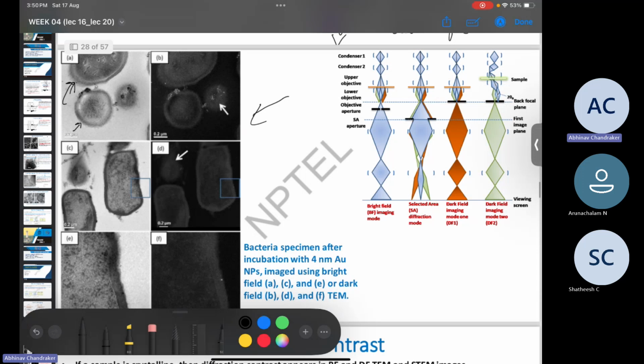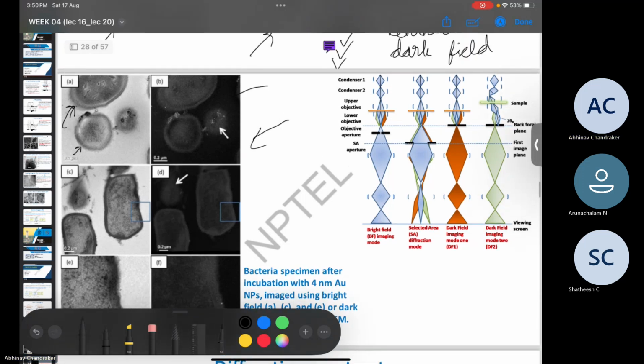But in the B image, you are only considering those signals which are from diffracted electrons, and since diffraction occurs more due to these bacterial cells rather than from the background, we see these with a much lighter contrast compared to the background.